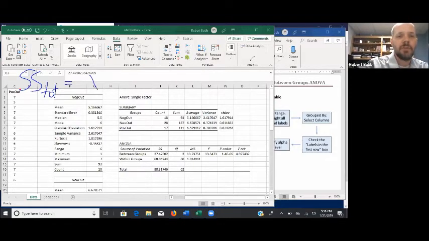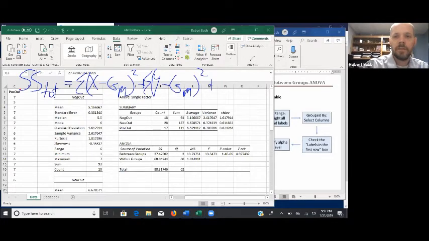So we take every value in that first group, we subtract the grand mean, square it, sum it together, plus each value in the next group, minus the grand mean, squared, sum together, plus, you might guess it, every value in that third group or that last group, minus the grand mean, squared, sum together. And that would give us our sum of squares total. In this case, we get 88.32.